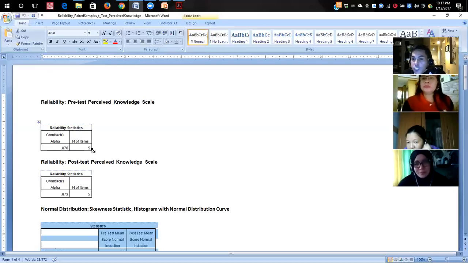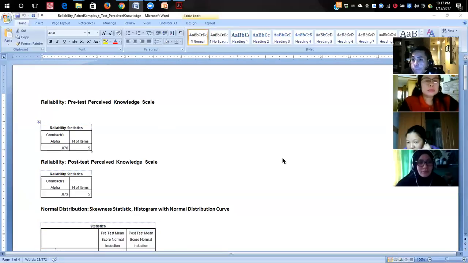For example, knowledge on catheterization, so you probably will develop 5 questions on that, and it's yes, no, correct, incorrect, and then once you have that, you can use Cronbach's alpha, but the output looks like Cronbach's alpha, but it's a Kuder-Richardson 20. So it's a reliability testing of the tool, of the test.